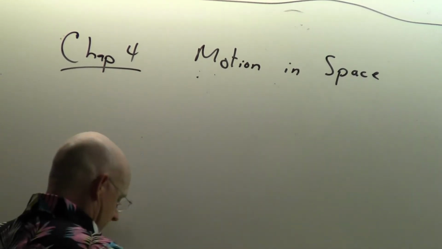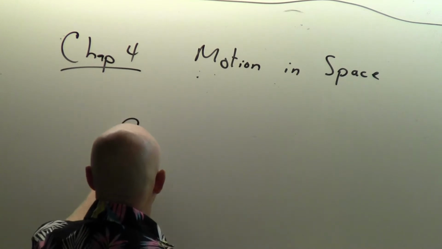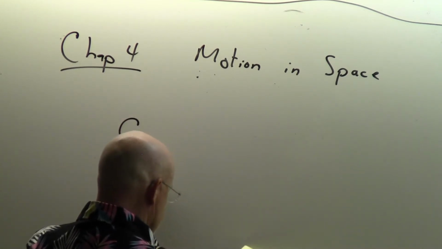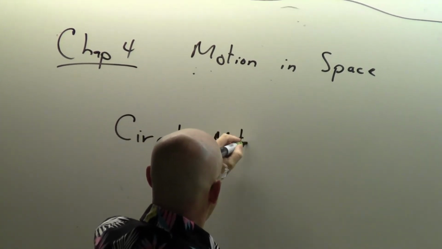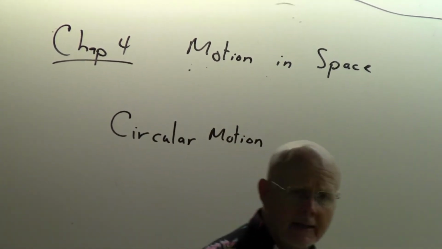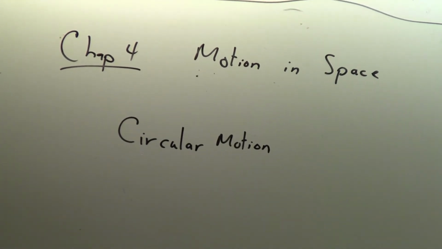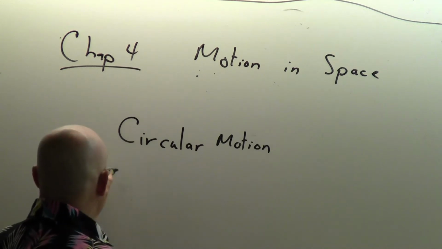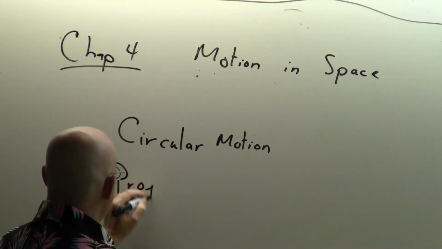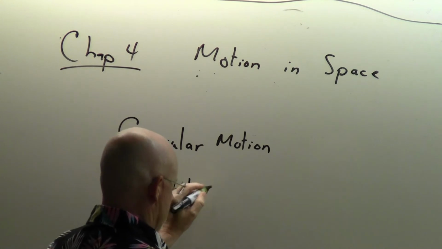And I said there were two flavors for this. There was the start of what we call circular motion, and that was the lecture we already did. I talked about centripetal and centrifugal acceleration, and how centrifugal is fake but centripetal is the real one, and it's got a lot of little subtleties to it. Let me not repeat that lecture. But the second half of this chapter is projectile motion.